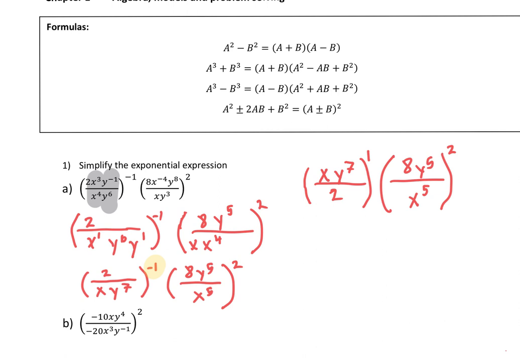So we have here x y to the 7th over 2 times 8 squared is 64. Y to the 5th squared is y to the 10th. And x to the 5th squared is x to the 10th.